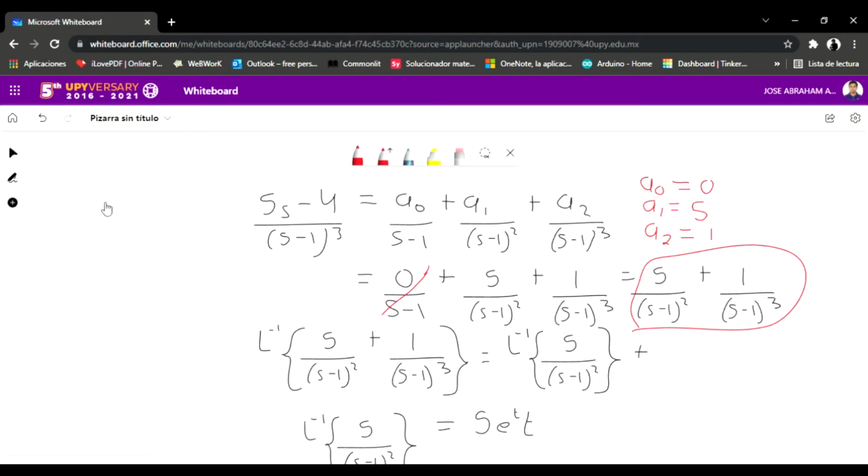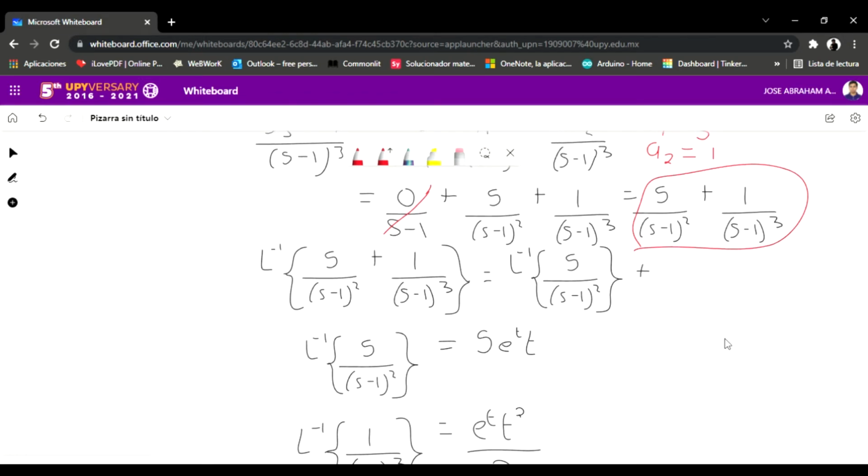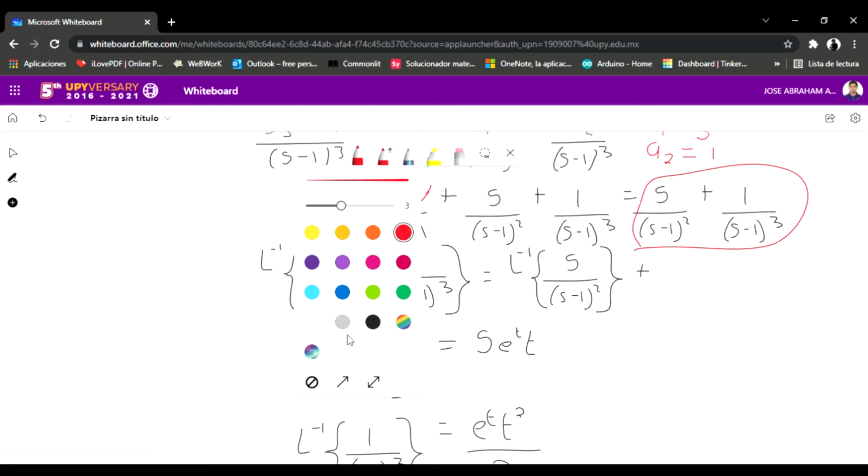And then we can find the inverse Laplace transform of this equation. We can get the inverse Laplace transform of each term.